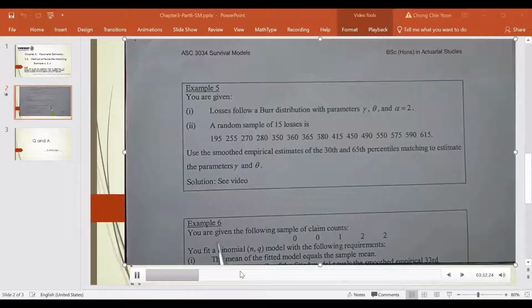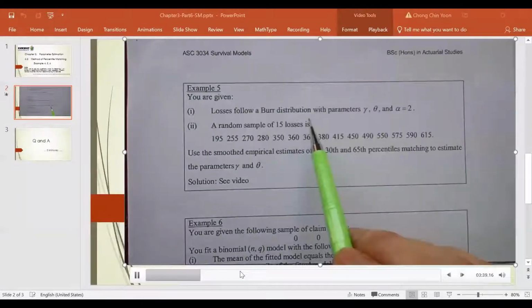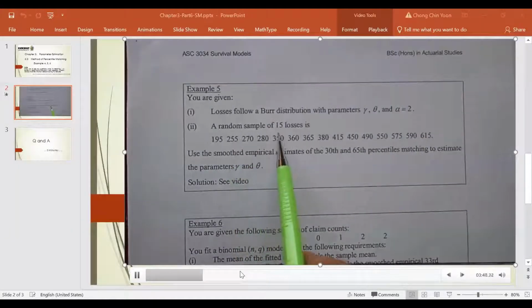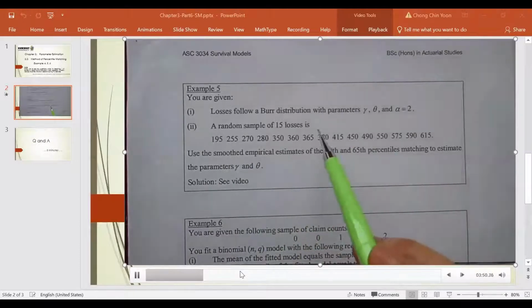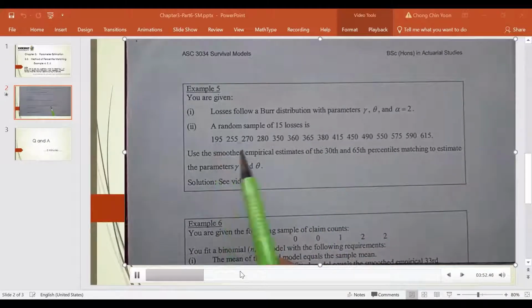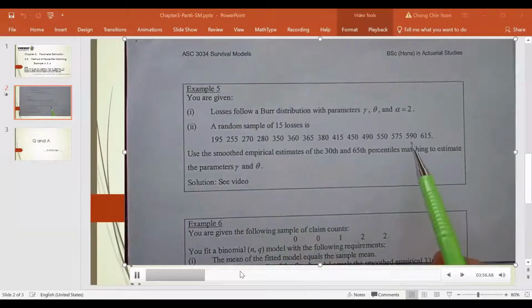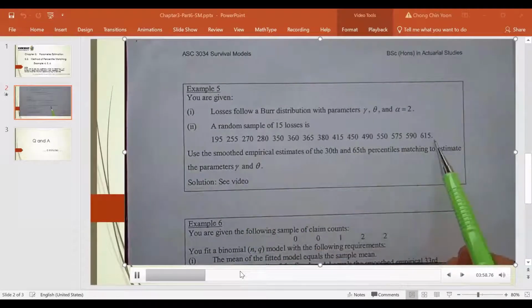Example 5. You are given the following. Number 1, losses follow a rule distribution with parameters gamma, theta, and alpha, which is 2. Number 2, a random sample of 15 losses is as follows, that is from 195 to 615, where the data is in non-descending order.